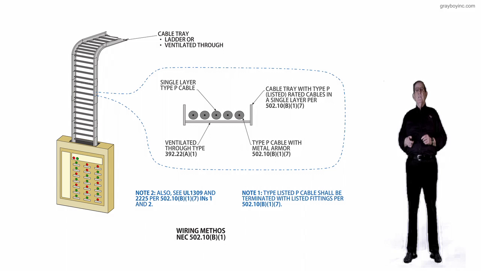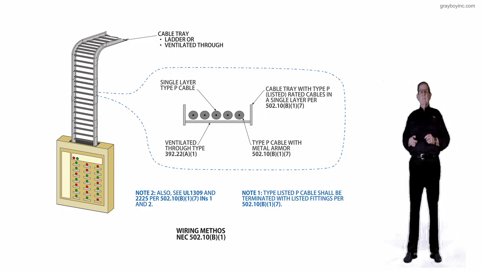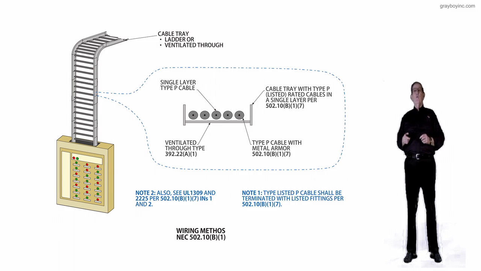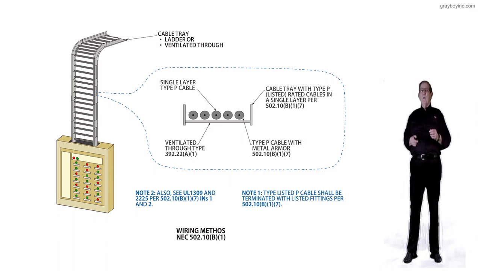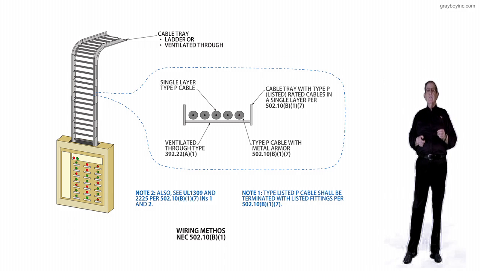But notice the arrow pointing to the equipment there in the center. Notice the cable is terminated with listed fittings that seal the outer jacket and the core in 502.10(B)(1), item number 6.